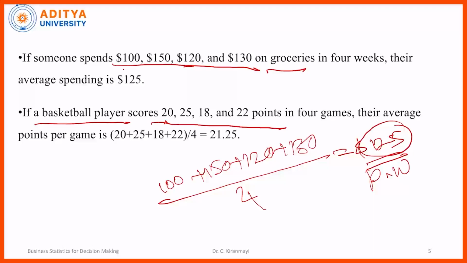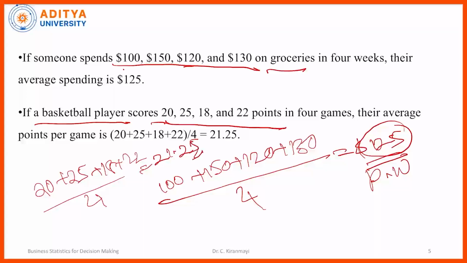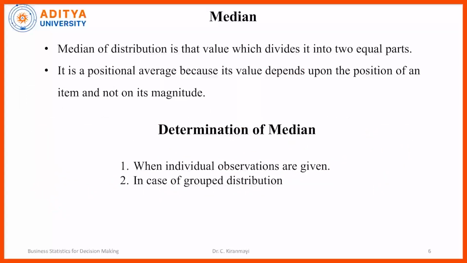So, that we can again obtain by using the formula: sum of observations divided by the number of observations, which is 4, because we are summing up 4 values, so it should be divided by 4, then it will be 21.2. So, per each game the score is approximately 21 points. So, this is how we can use the concept of mean.